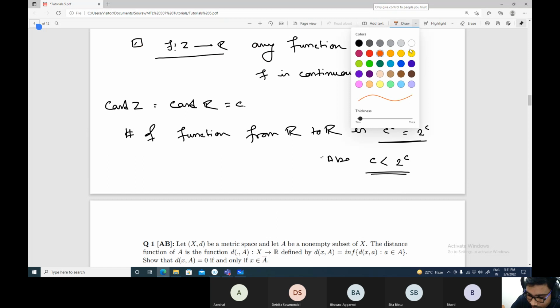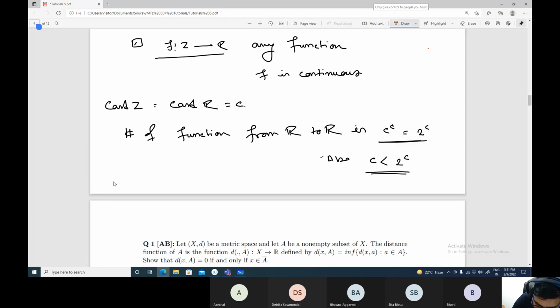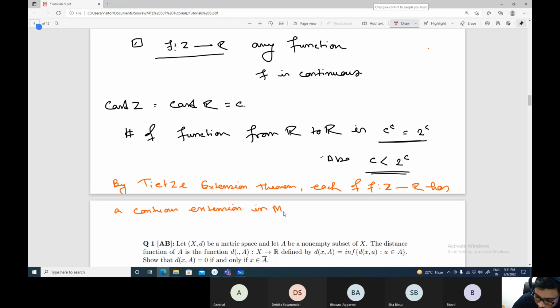So this argument by the Tietze extension theorem, let me write it precisely. By the Tietze extension theorem, each f from Z to R has a continuous extension to the whole of M, and these extensions are distinct, right?